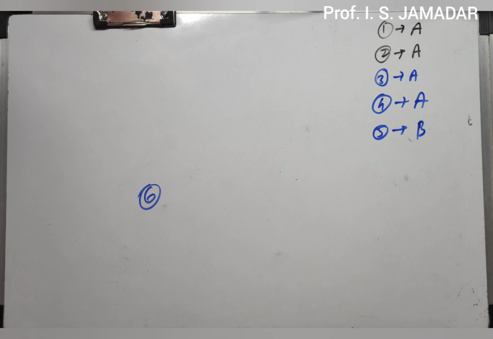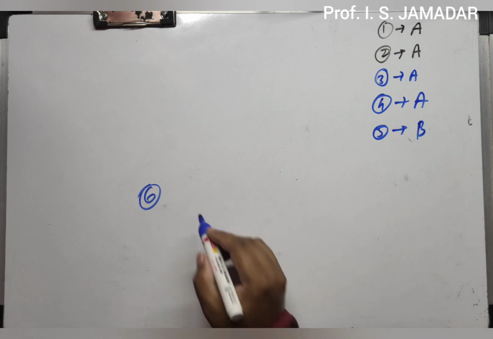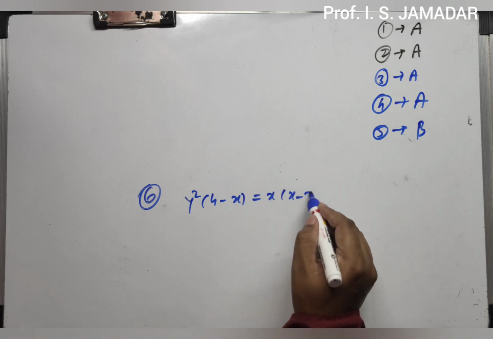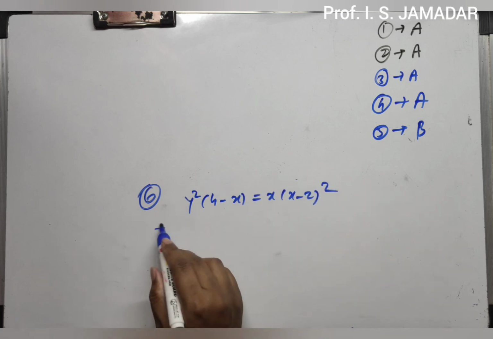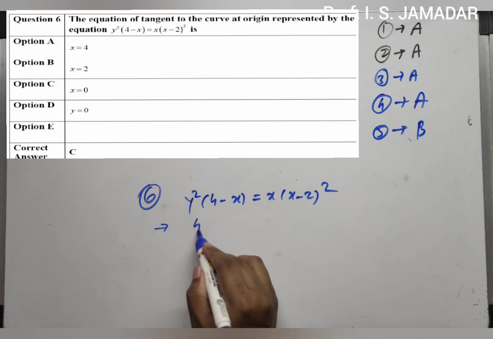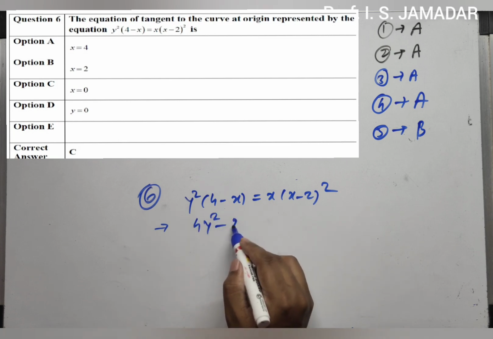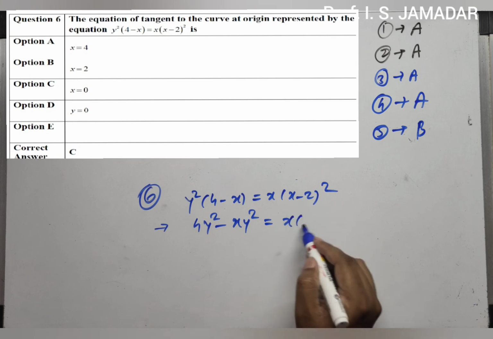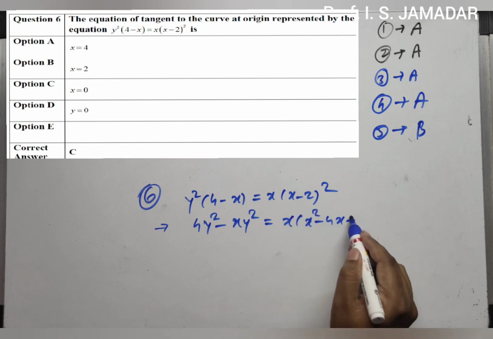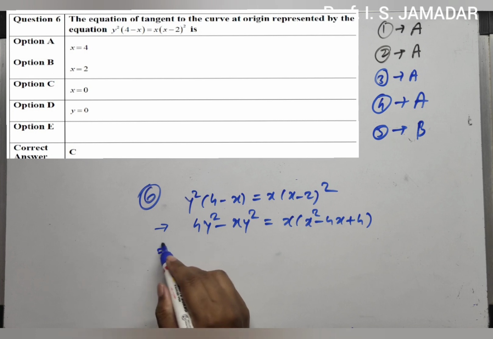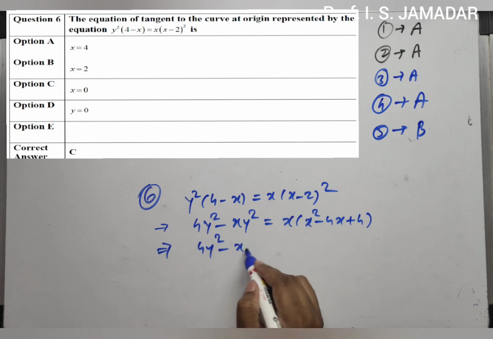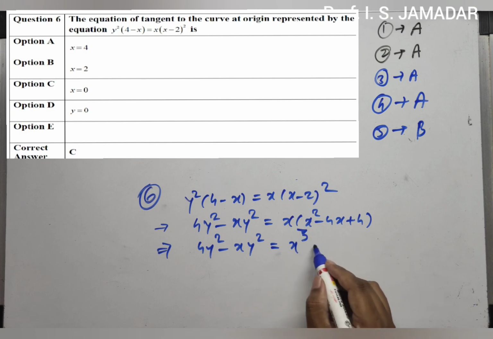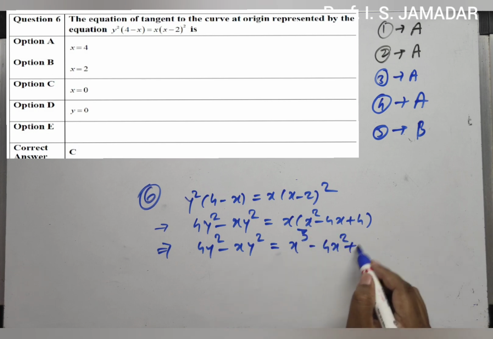The equation of tangent to the curve represented by y² into 4 minus x is equal to x into x minus 2 whole square. Do the multiplication first, it is 4y² minus xy² is equal to x into x² minus 4x plus 4, that is 4y² minus xy² is equal to x³ minus 4x² plus 4x.